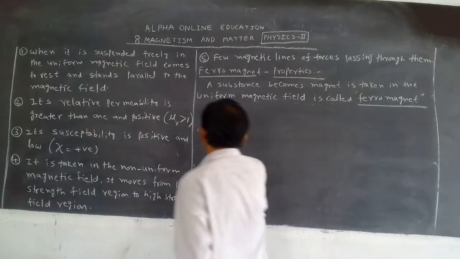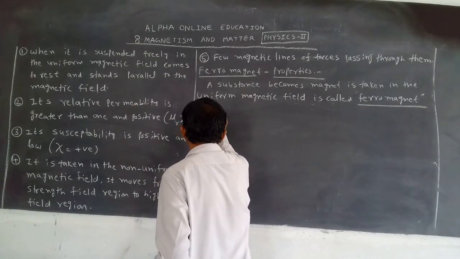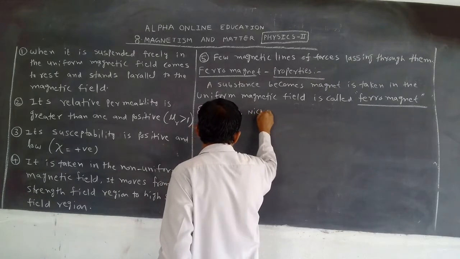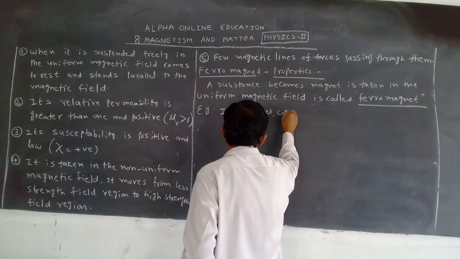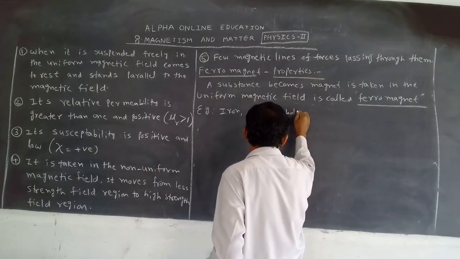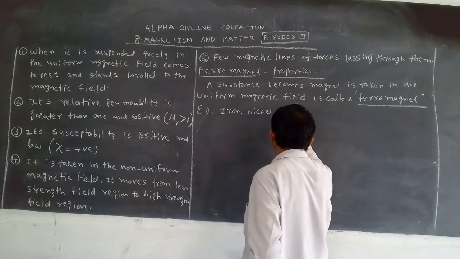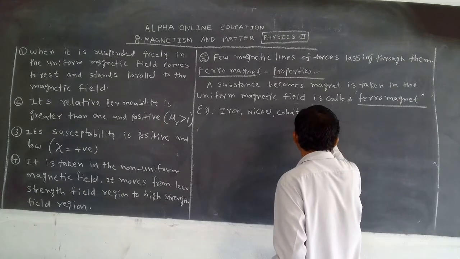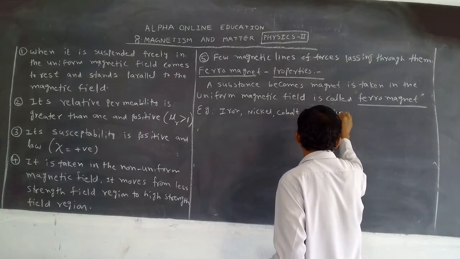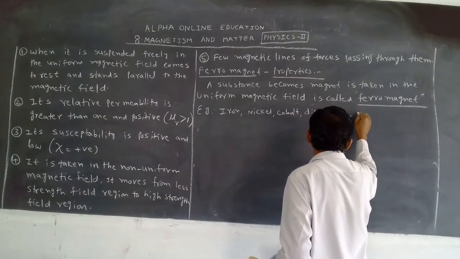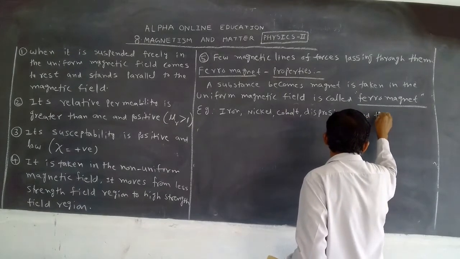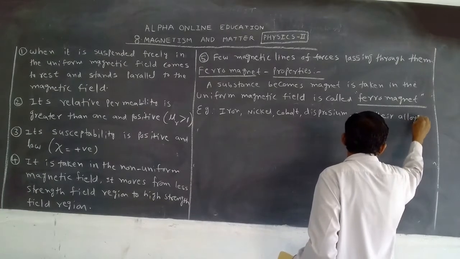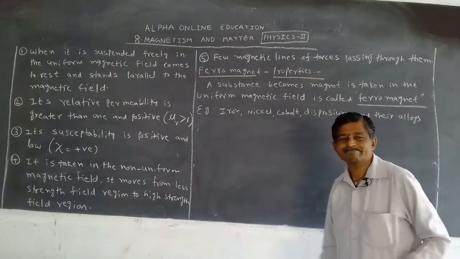What are the examples for it? Examples: iron, nickel, cobalt, dysprosium, and their alloys. Means the combination of these.